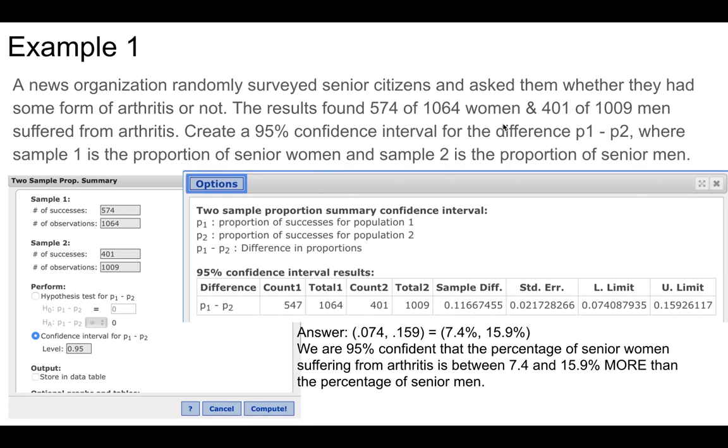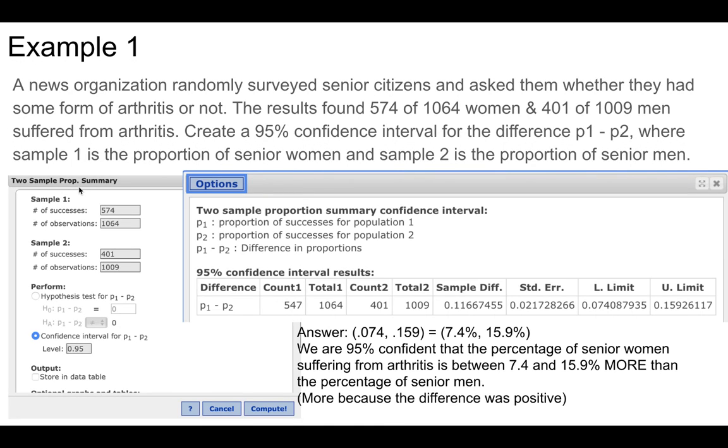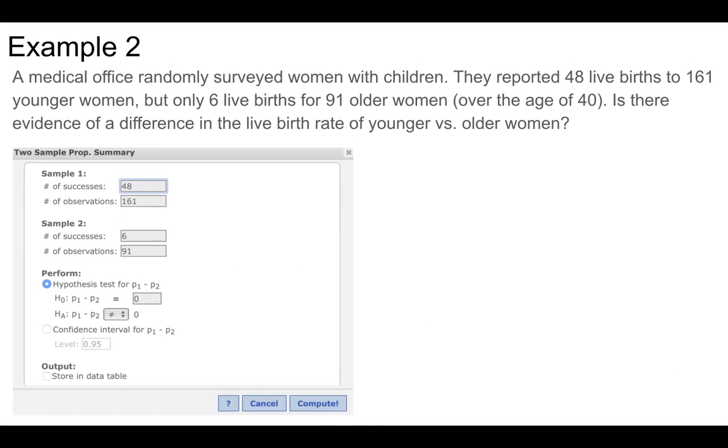So when I went to StatCrunch, and I did this again on StatCrunch, stat, proportion stats, two sample with summary, I just chose to do younger women for sample 1 since that's what was mentioned first. And then I did older women for sample 2.